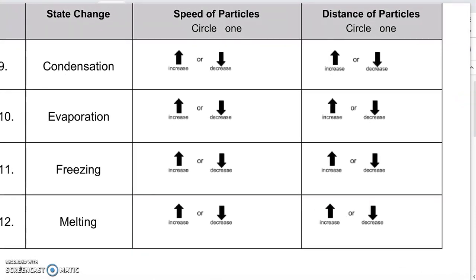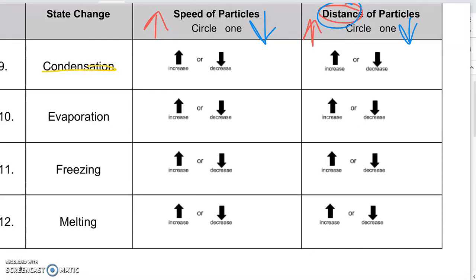Okay, students, the last section. We need to think about, did the speed of the particles increase or decrease? Did the distance of the particles increase or decrease? Let's look at the first one.